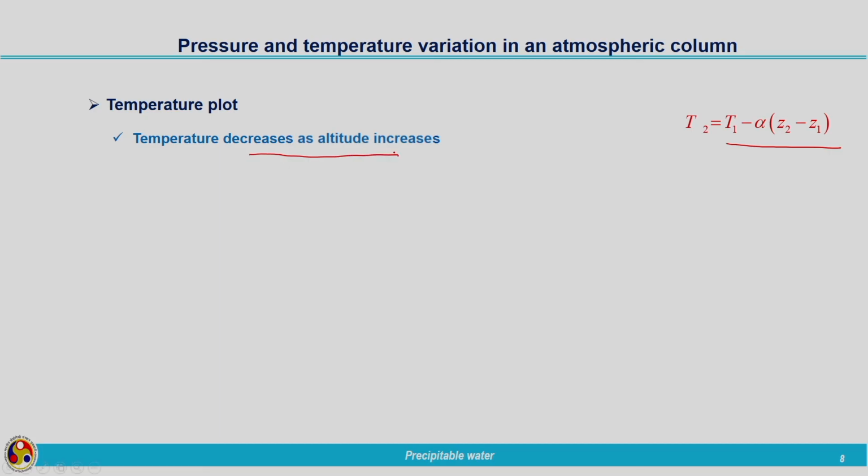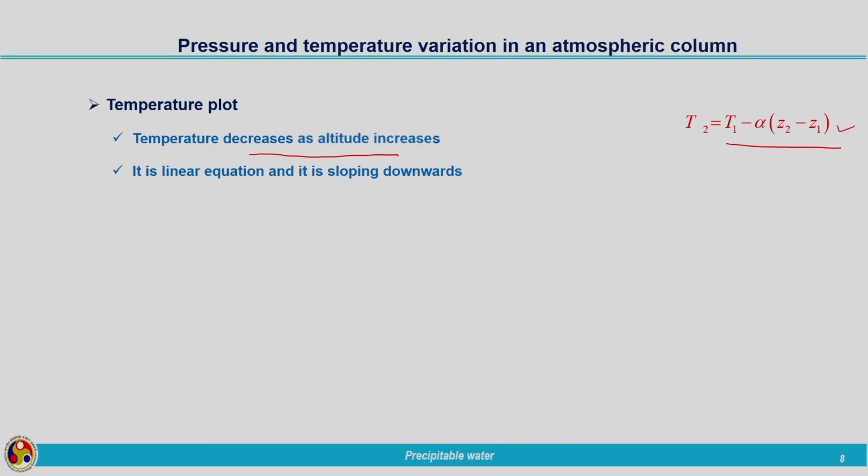At section 2 it will be lower than at section 1. Temperature decreases as altitude increases. And look, this equation is in the form of y is equal to mx plus c. Forget about the sign, it is representing the slope, how it is changing. We know already that as the altitude is increasing, the temperature is decreasing, that is why we have a negative slope here. It is a linear relationship.